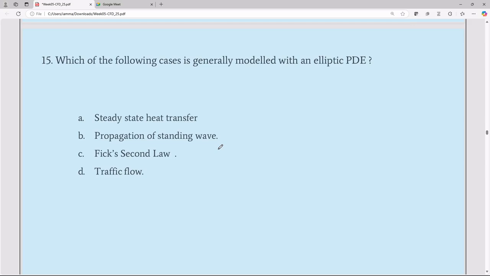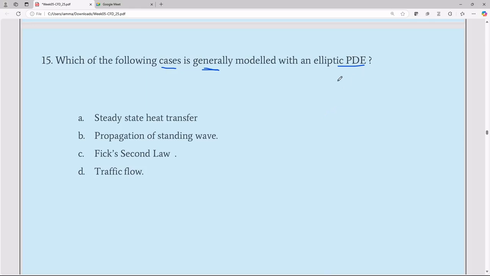It's on general PDE types. The question is which of the following cases is generally modeled with an elliptic PDE? So we know there are three different types of partial differential equation, that is PDE.